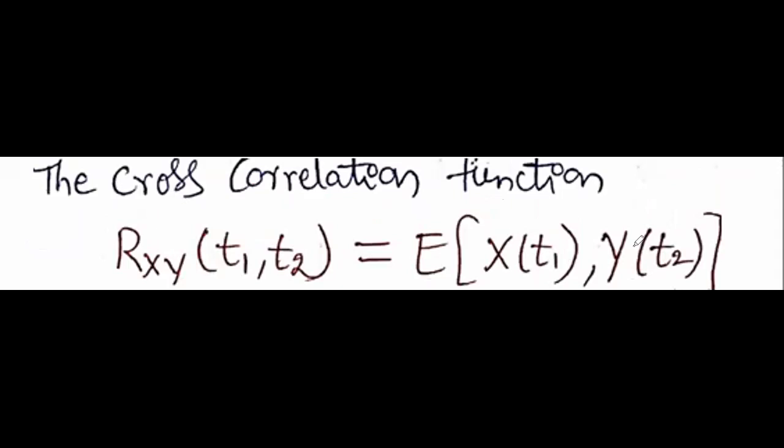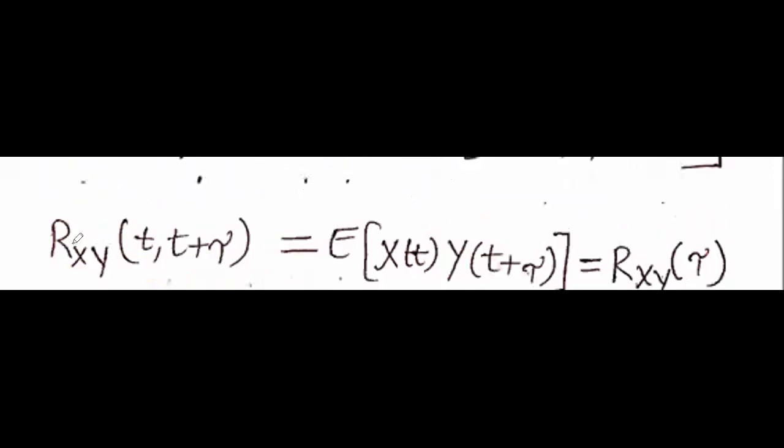So if you place the time difference, that is tau equal to t2 minus t1 and t equal to t1, then the cross correlation function, that is Rxy, will look like this, right?